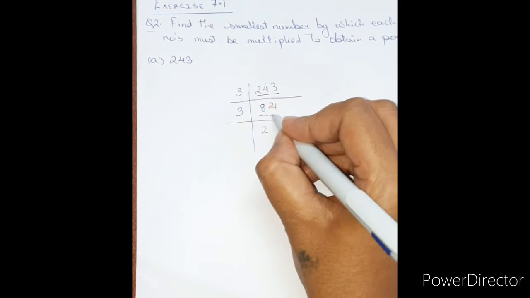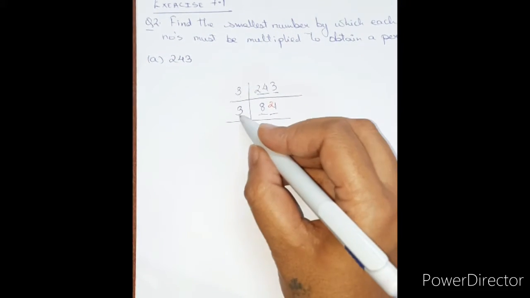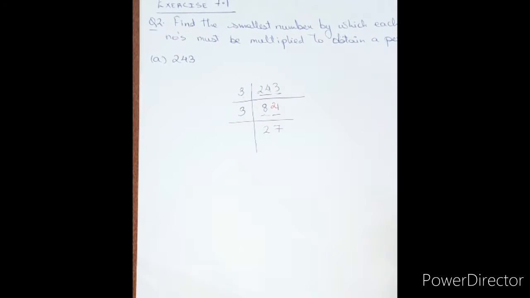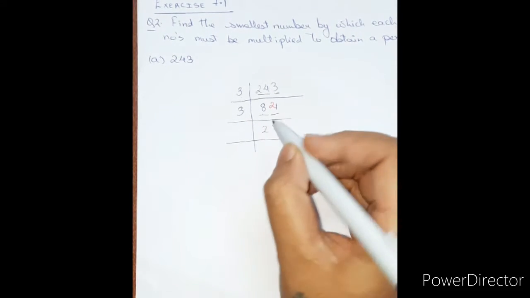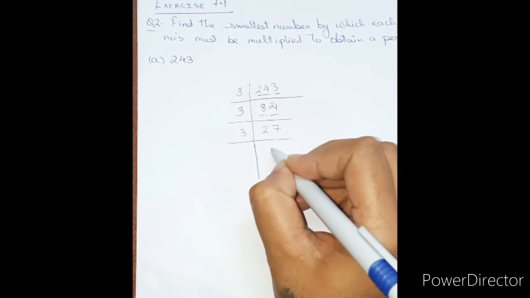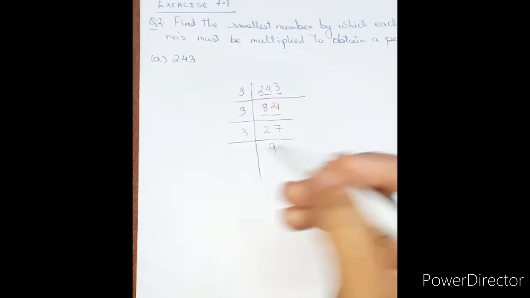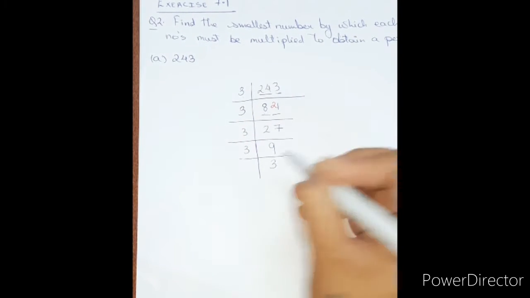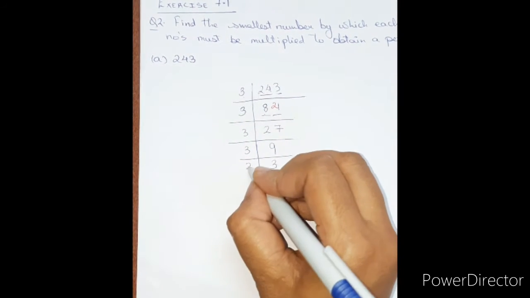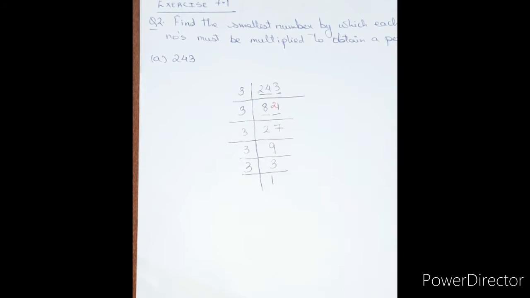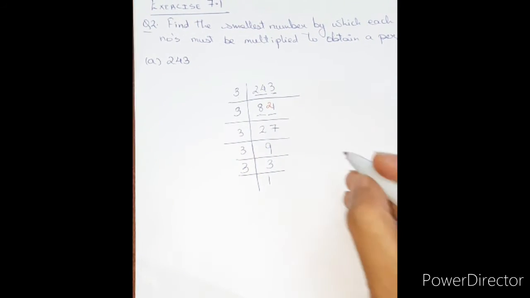Now the number has become 21 with us. So 3 7s give me 21. Next, 3 9s give you 27. 3 3s give you 9. And 3 1s give me 3.